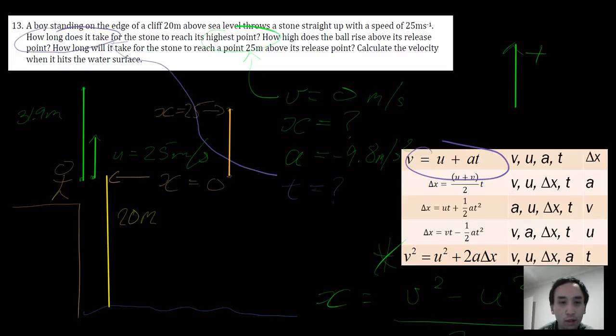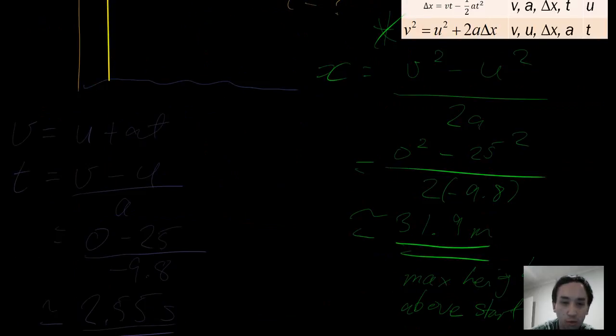And we want to know how long this takes. This how long just means we need to find out what t is equal to. Given x, u, and a, we'll just write all of these out.